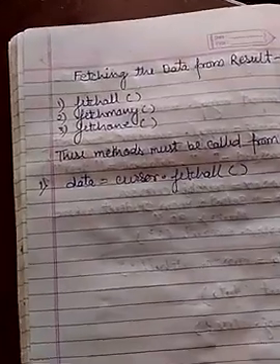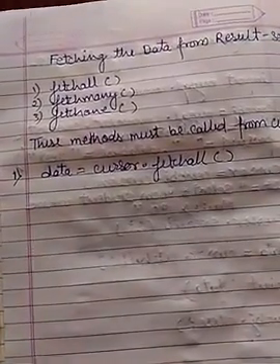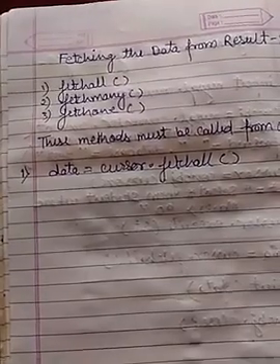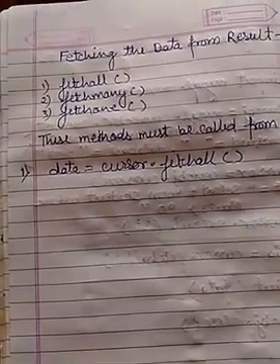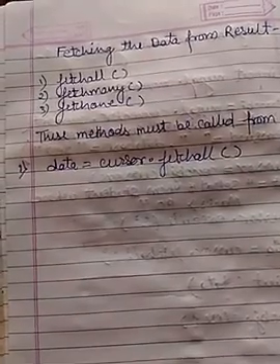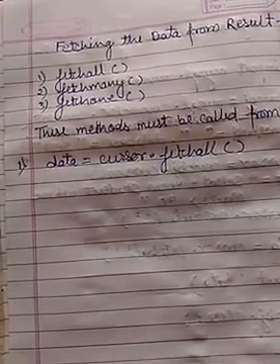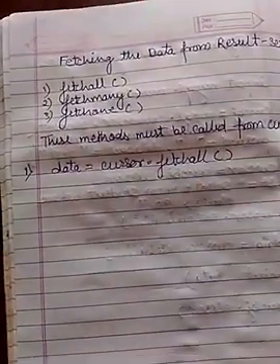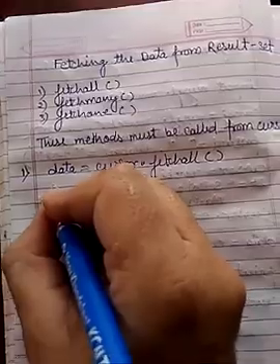It will fetch all the data from the result set. Remember that the data fetched by fetchall will be a list of tuples. All the records will be present in the form of a list of tuples.